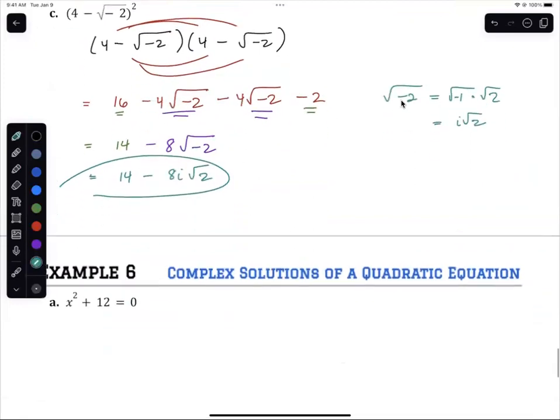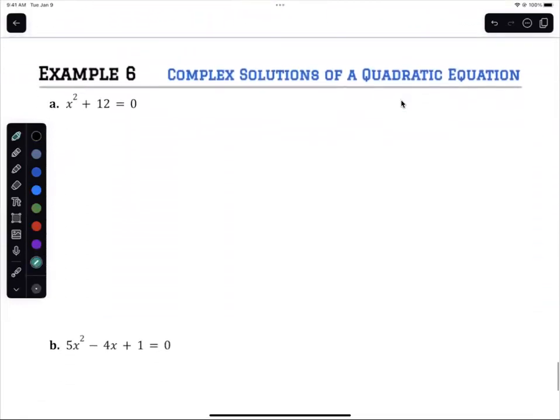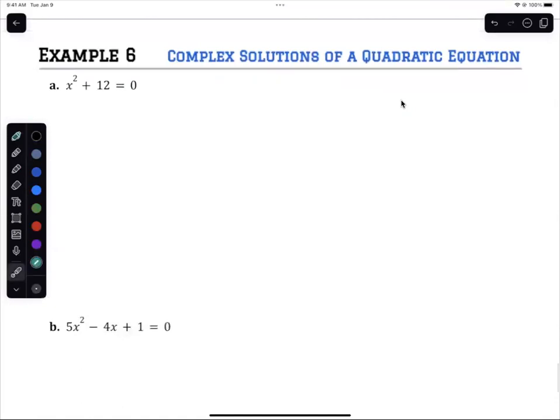Okay, last examples. So complex solutions. Number one, when you're solving something like this, x squared, that means you're going to have two solutions. So we have to be careful when we do this and remember an important step. So subtract 12, and we're going to get x squared is equal to negative 12.